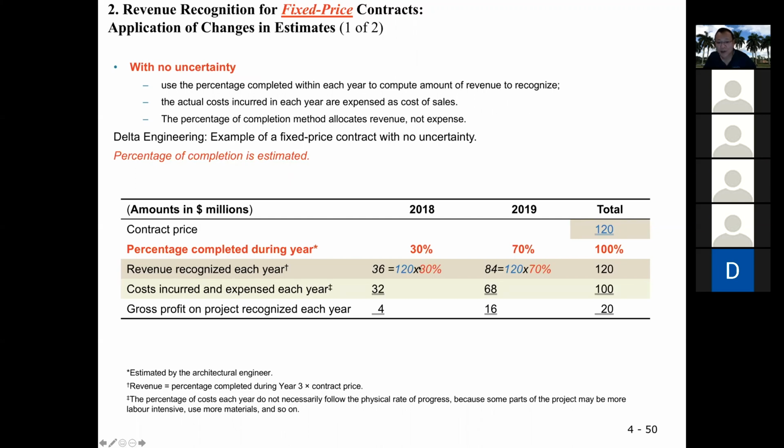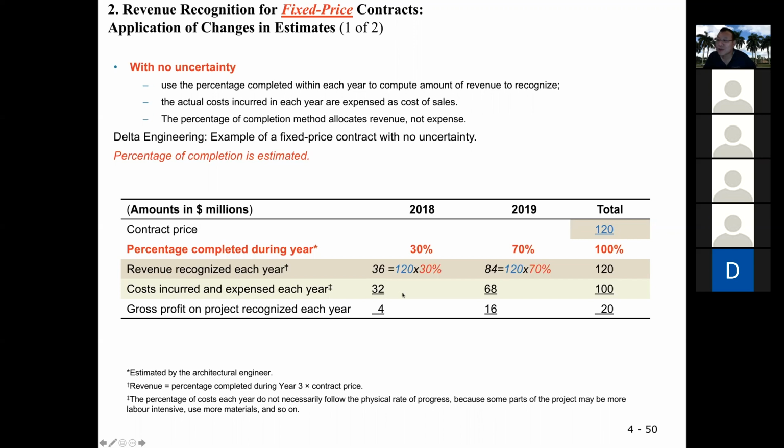The first year I'm going to recognize 30%. My contract price is 120. 30% of 120 is 36. And suppose the actual cost is 32. So my gross profit is the difference, 36 minus 32, that's 4.